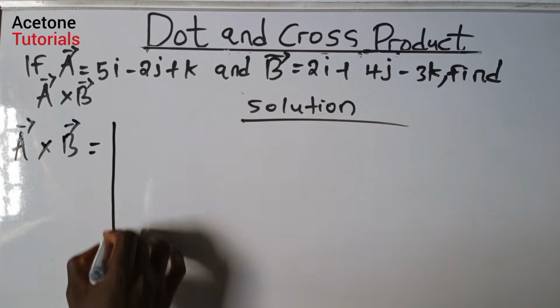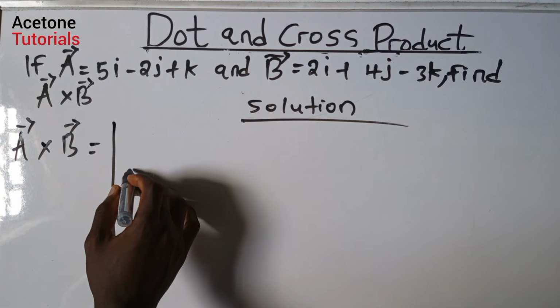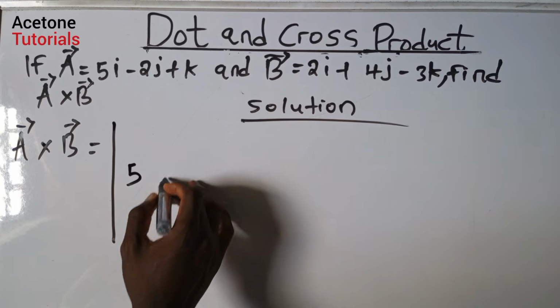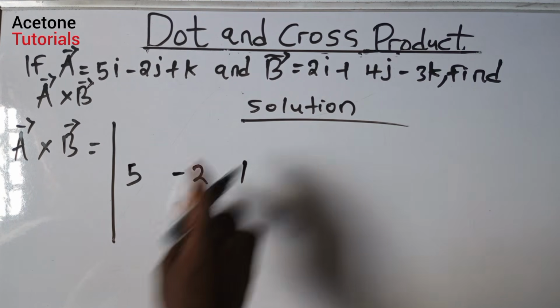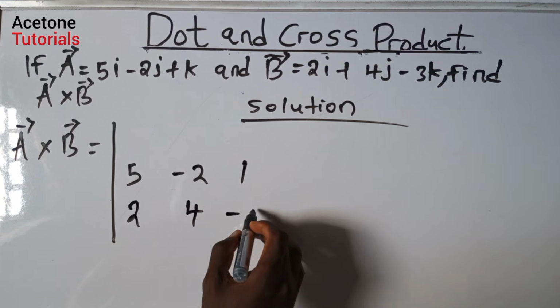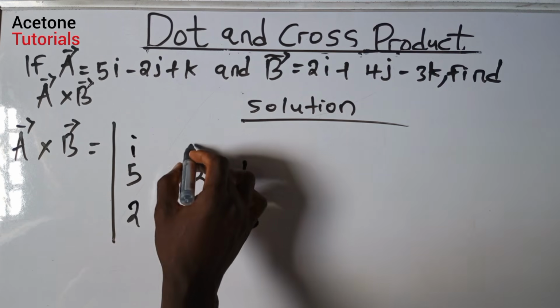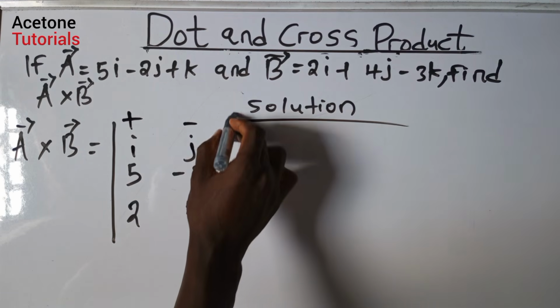is equal to, let us write out the components of vector A: 5, minus 2 and 1. For B: 2, 4 and minus 3. I, J, K, plus, minus.